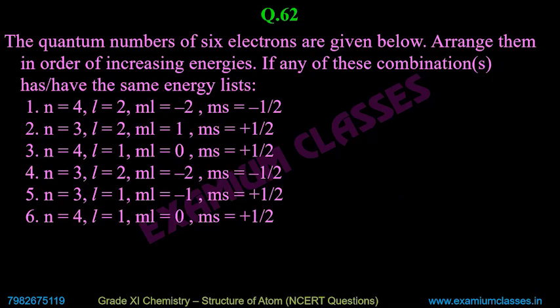Next, the quantum numbers of 6 electrons are given below. Arrange them in order of increasing energies, and list if any of these combinations have the same energy. The energy is given by n plus l value. You will write this in the exam. If this question appears, you will write energy is given by n plus l. So in the first case, it is 4 plus 2, 6.